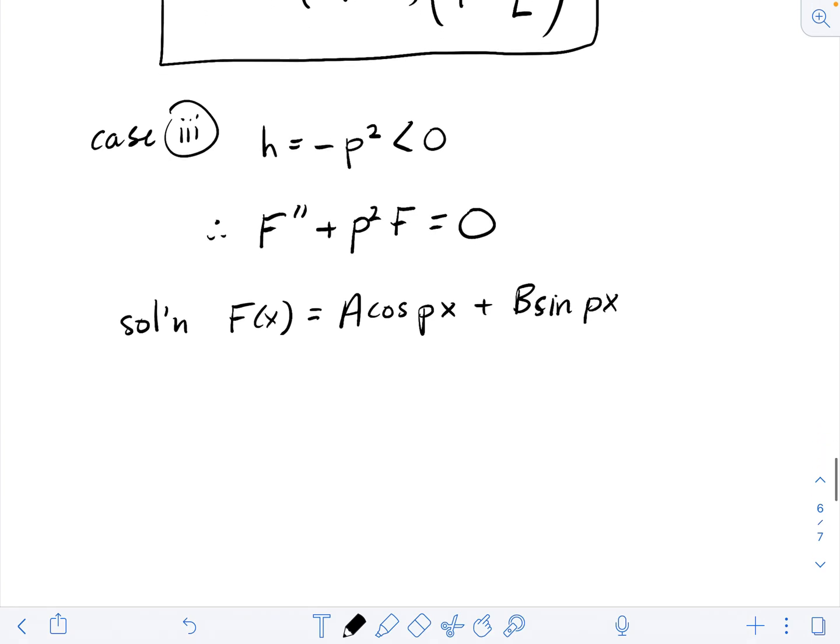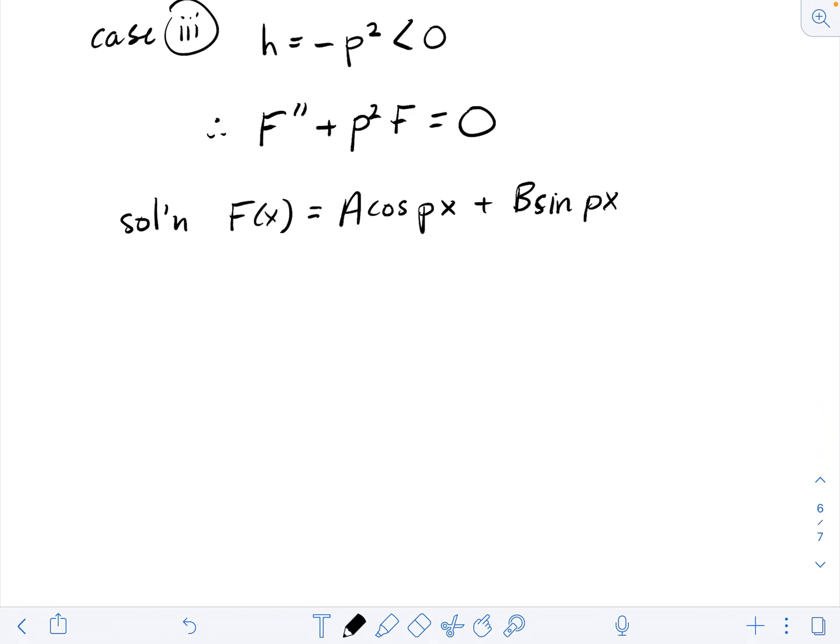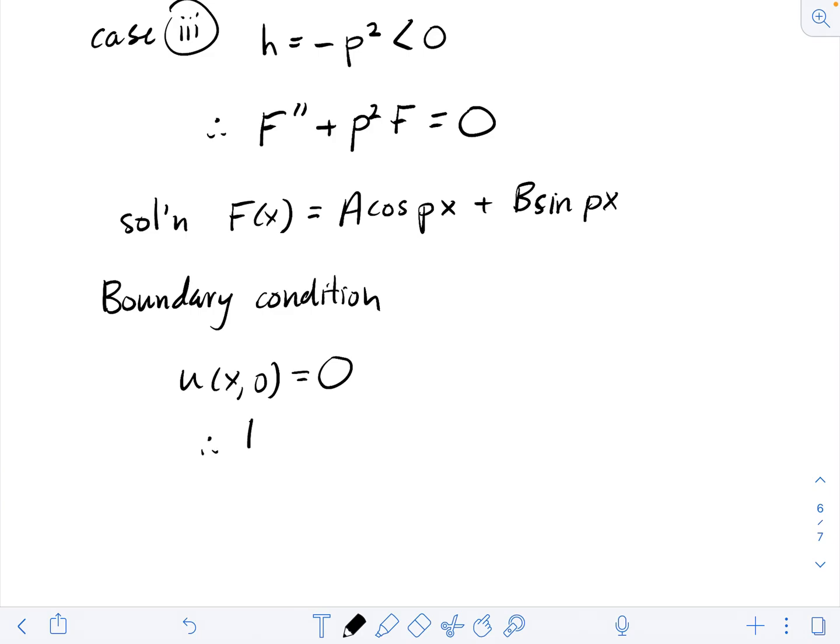Okay, and like we've been doing, we're going to apply some boundary conditions. Actually, let's use the initial condition. So at all x, when t is 0, u is 0. The rod is at a uniform temperature of T naught.